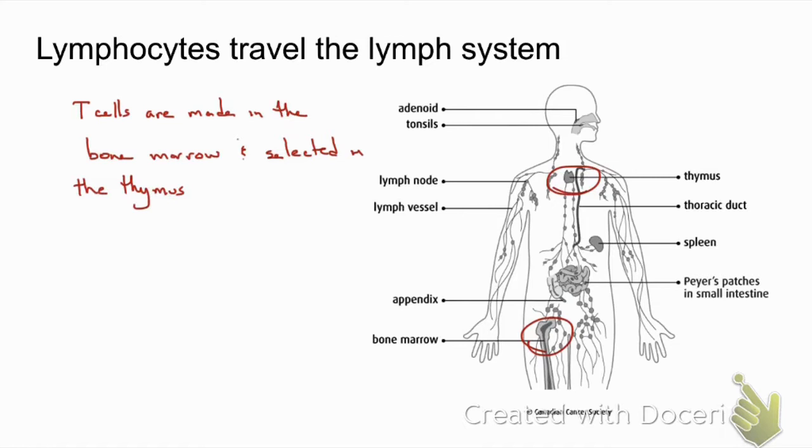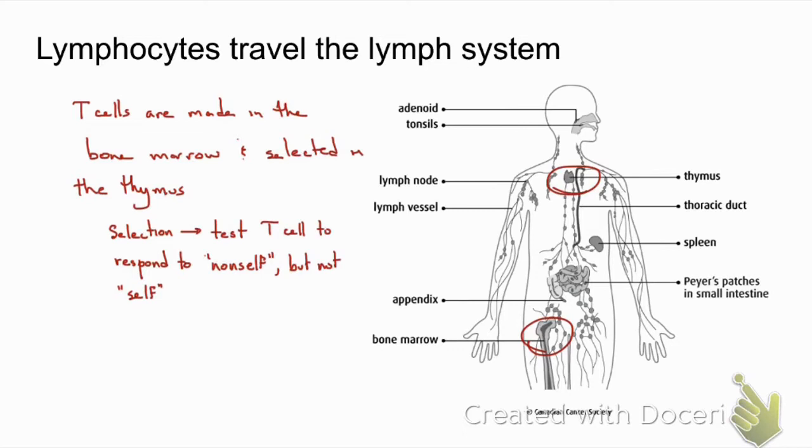The thymus, you can think of as the training ground for T cells. In the thymus, T cells are exposed to a variety of self and non-self antigens. And really what's happening here is that each T cell being produced in the bone marrow is being selected or tested to determine whether it will respond to non-self or foreign epitopes, but not respond to self-epitopes.